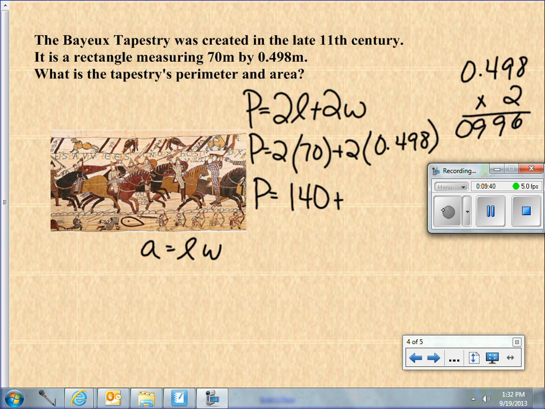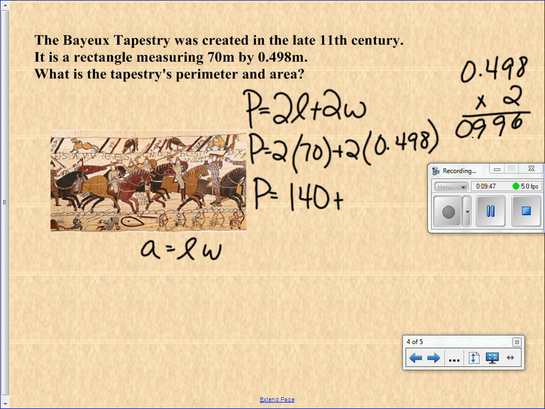So you'll notice off to the side when you multiply 2 times 498,000, you decimal over 3 places. So our perimeter, 140 and 996 meters.